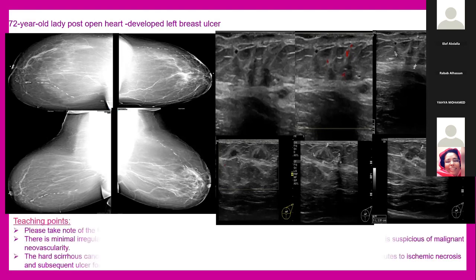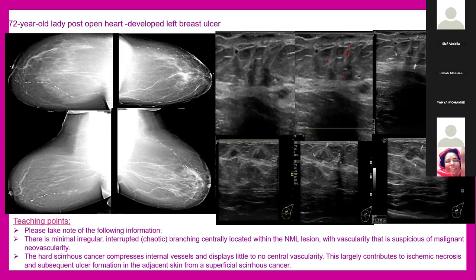And as you know, the scirrhous type of cancer interrupts the vascularity because of the fibrotic effect. Usually, if we can see the vascularity within such a lesion, it will be minimal vascularity, or we can see the vascularity at the periphery and at the center, the core of the tumor, no vascularity.